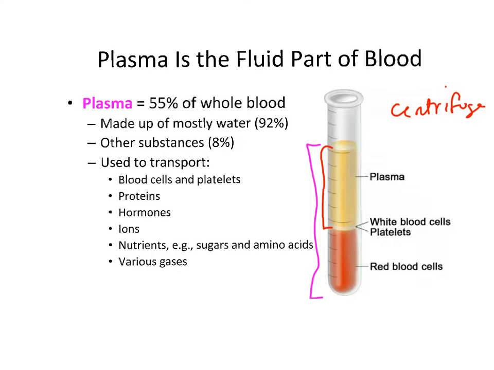When we're looking at plasma, it's mostly water, about 92% water, with a small portion of other substances. Plasma is the fluid that's responsible for transporting blood cells and platelets, proteins, hormones, ions, dissolved nutrients, and the gases.